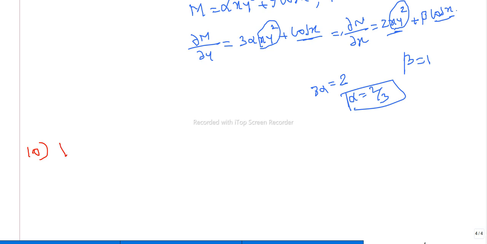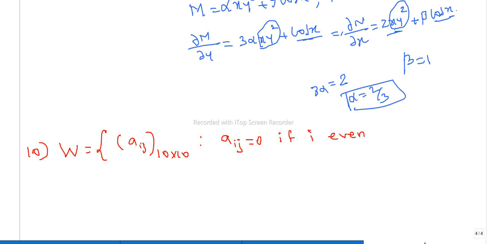Suppose we consider the subset W, the set of all 10 by 10 matrices Aij, and the condition is Aij is 0 if i is even. If the first subscript i is an even number, then that entry should be 0. Now, this is a subspace.